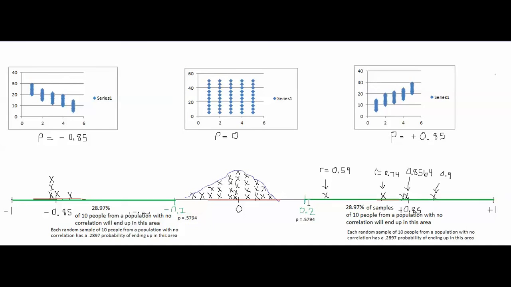The definition of the p-value: the p-value of an outcome is the probability of getting that outcome or a more extreme outcome when the null hypothesis is true.